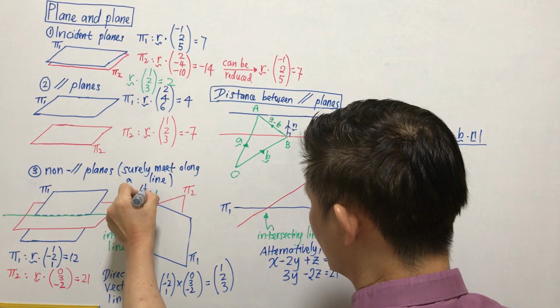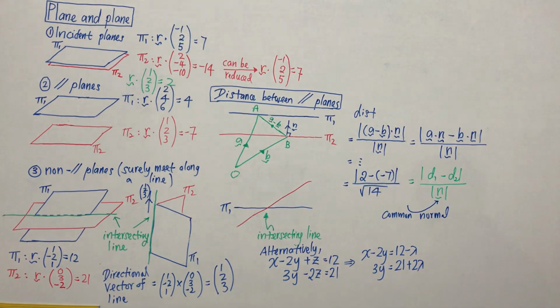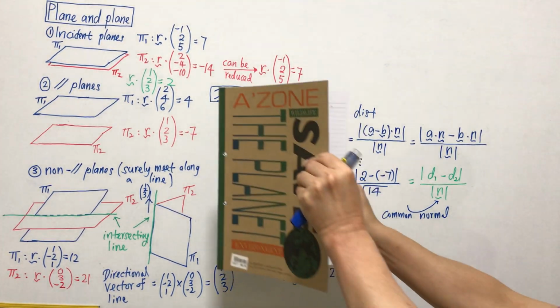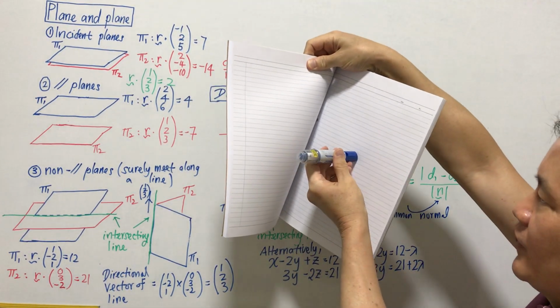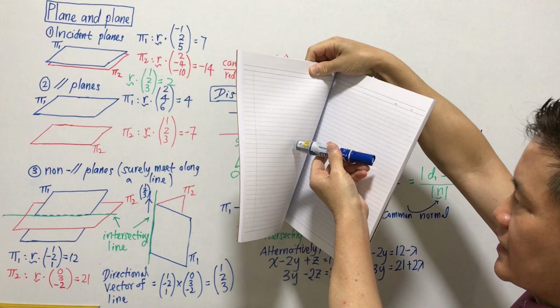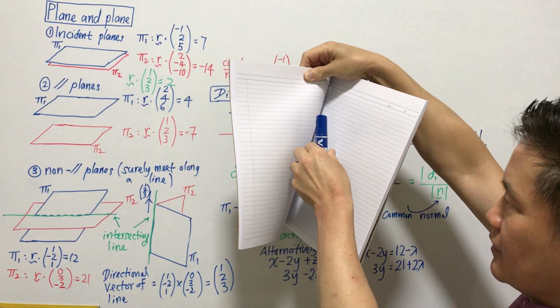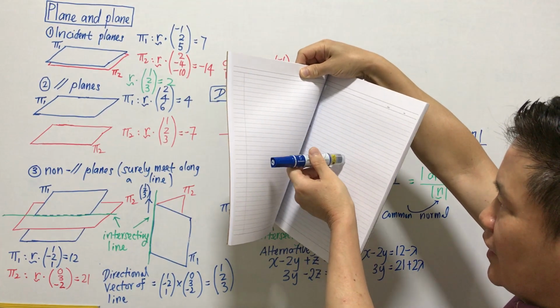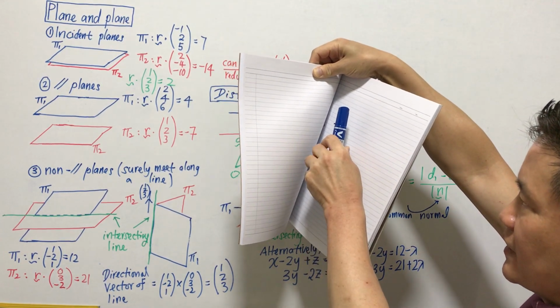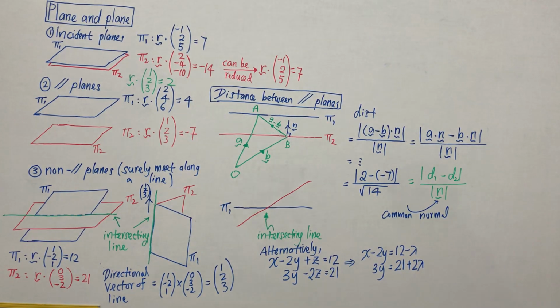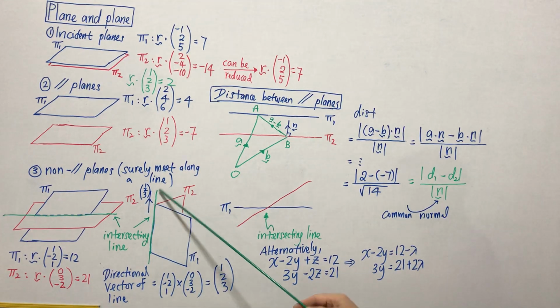What I'm saying is, if you have two planes, and you take the normal of the first plane, cross product with the normal of the second plane, you get a vector like this. And this immediately gives me a vector (1, 2, 3) that's parallel to the intersecting line.